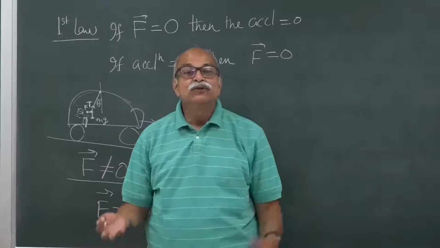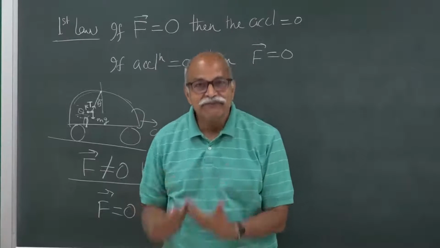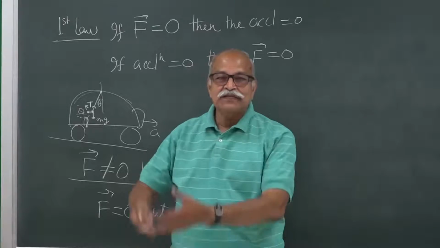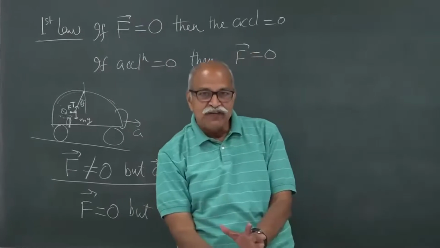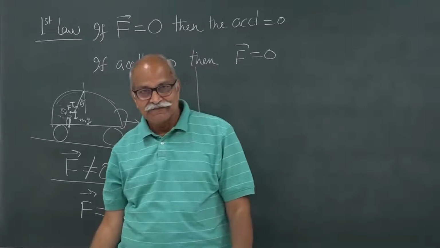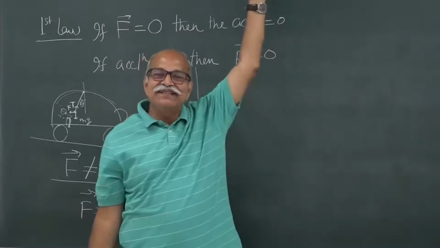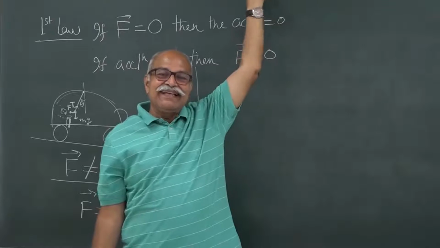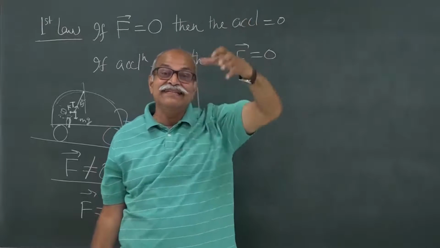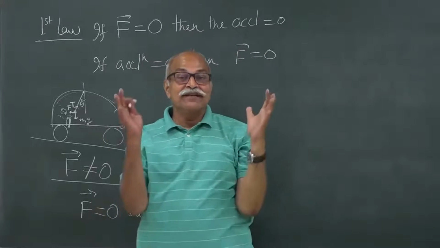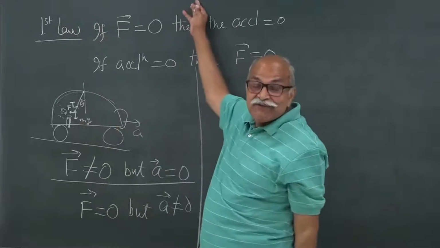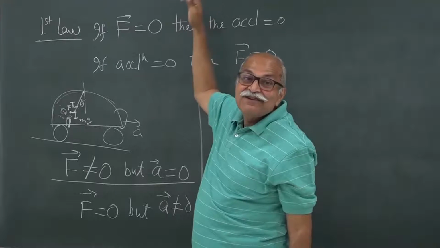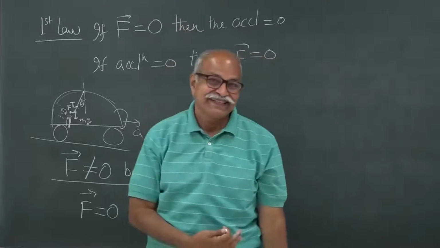Whatever is suitable for me, I will use that frame of reference. For some frames of reference it holds, for some it does not. So essentially what Newton's first law is doing is classifying that there are at least some frames in which this holds, and we call them inertial frames of reference.